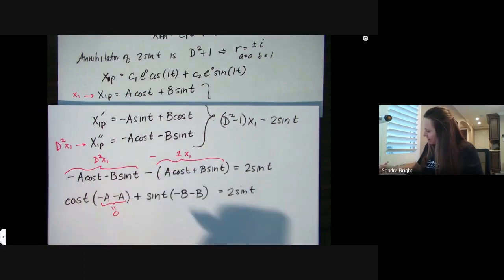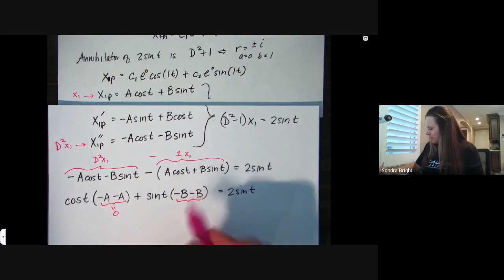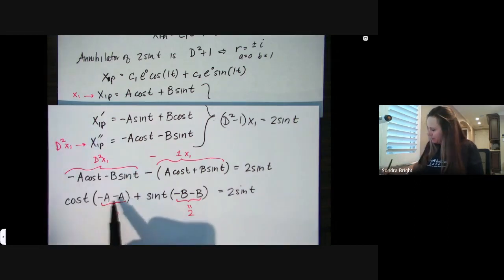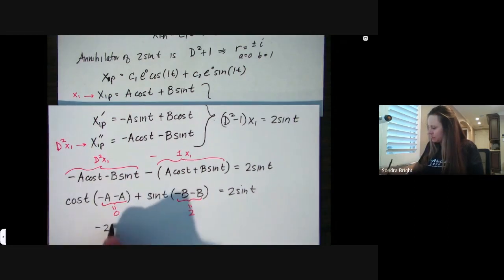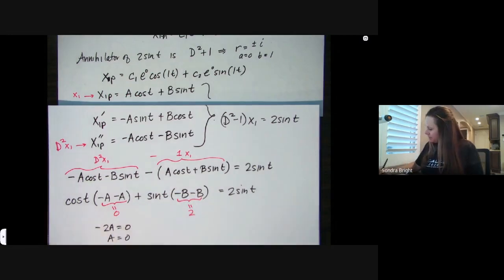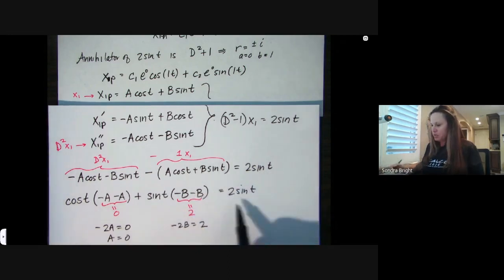And then here, I've got a 2 sine of t, so the coefficient on sine must be 2. And so you've got that coming from here, negative 2a must equal 0, which means a must equal 0. And then here, negative 2b must equal 2, since the coefficient on sine is 2. So that means b is equal to negative 1.